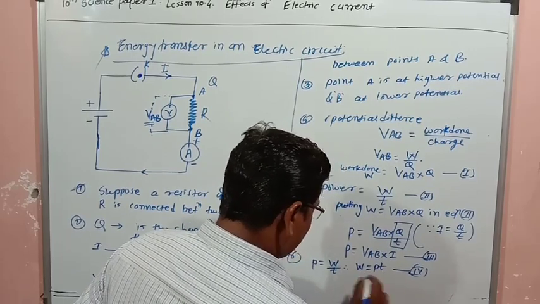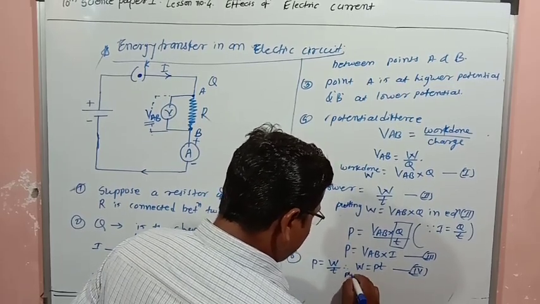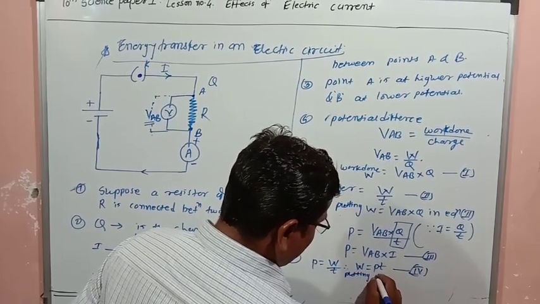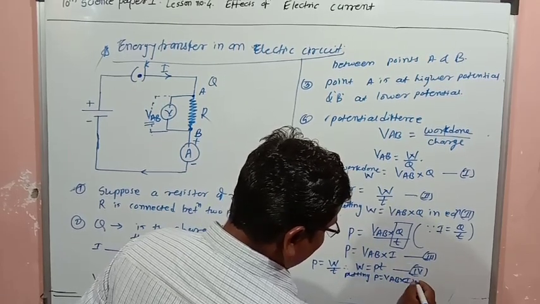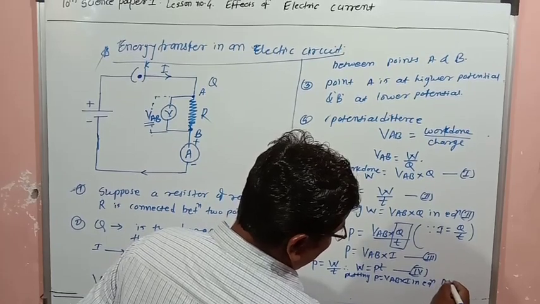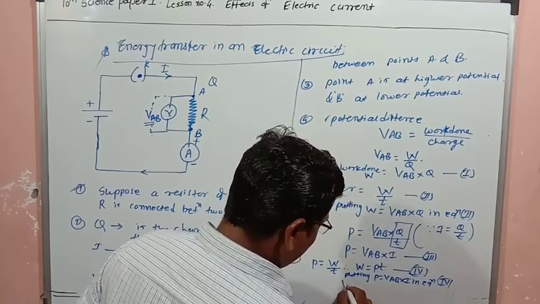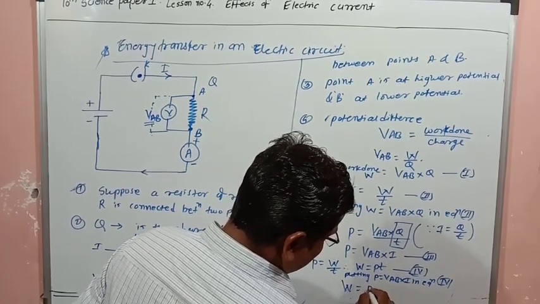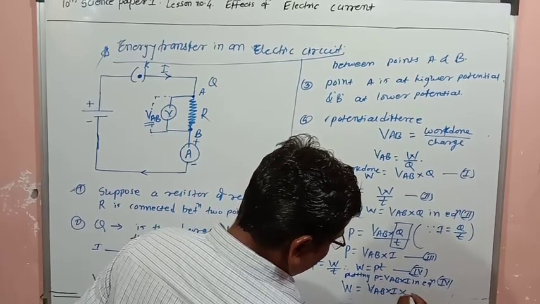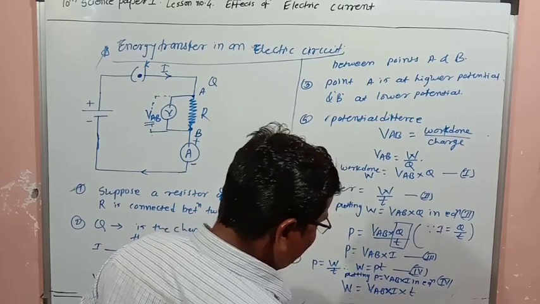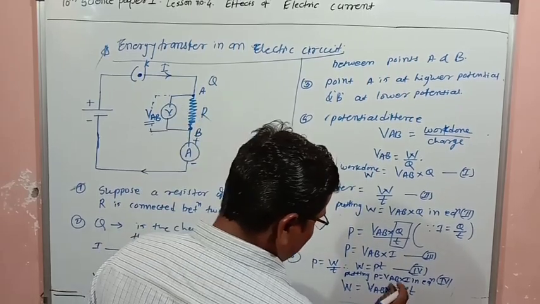Putting P is equal to VAB into I in equation number 4, we will get W is equal to VAB into I into T.